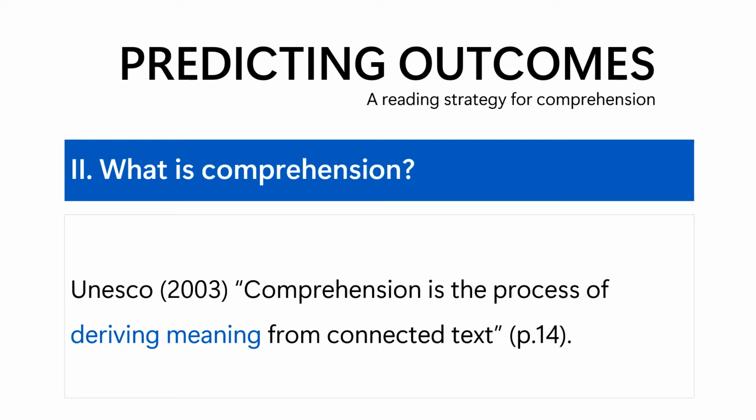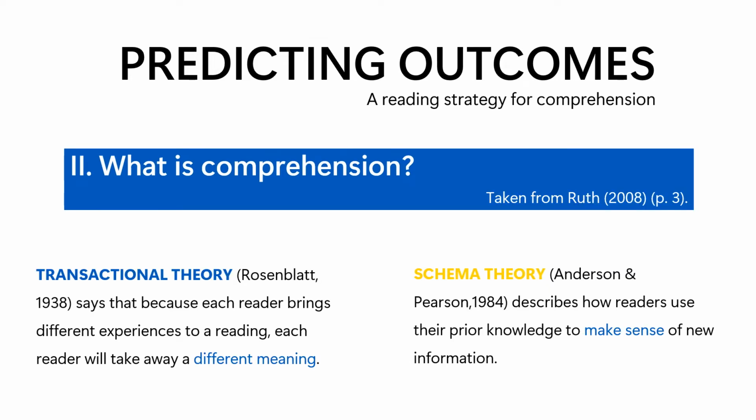So, what is comprehension? According to UNESCO, comprehension is the process of deriving meaning from connected text. Now, as teachers, we always need to remember that the meaning derived, the sense built, is not universal. However, many could be tuned in using reading strategies for comprehension.